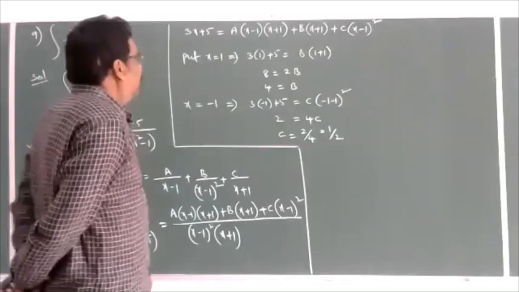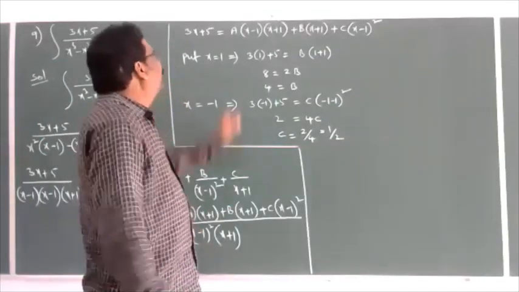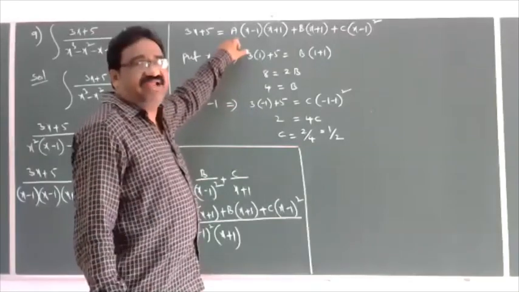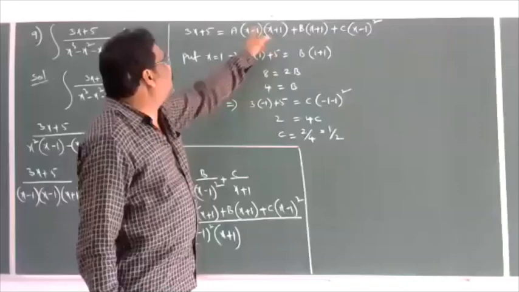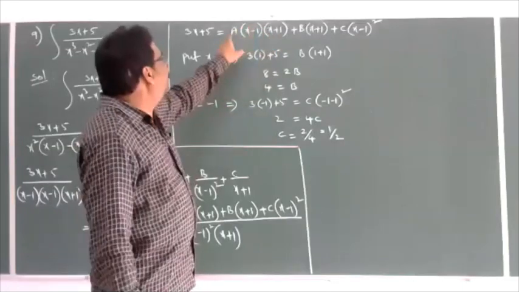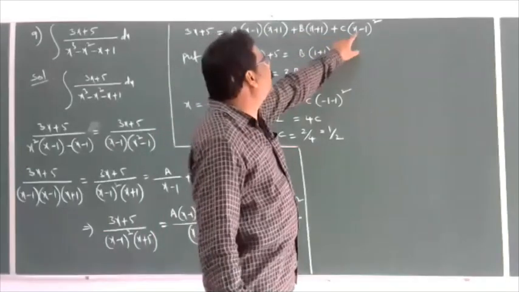Then here we know B is 4 and C is 1 by 2. We require the A value, that's why equating the coefficients of x square terms. Here A has x square coefficient, and C also has x square coefficient.